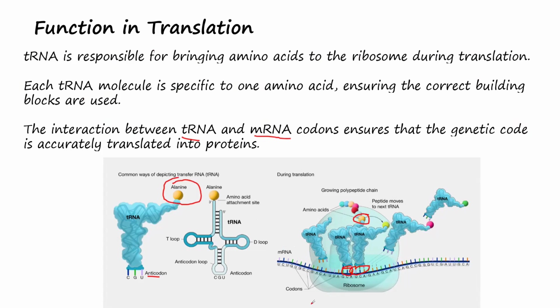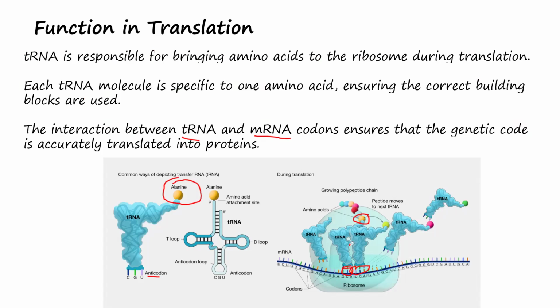So we have different transfer RNAs. Each of these transfer RNAs is responsible for transporting a specific type of amino acid. As they deposit the amino acid, another transfer RNA will attach itself, deposit another amino acid, and then detach itself. Then another one will bind to the codons in the messenger RNA in the ribosome, and this is how it continues until the protein is fully synthesized.